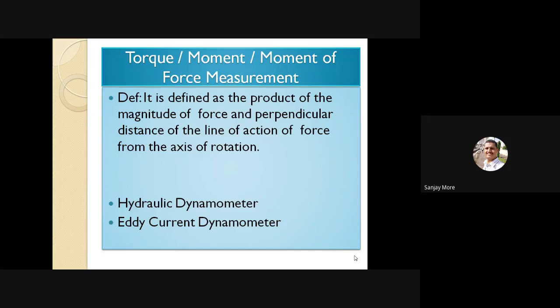Give the heading torque and write down the definition of torque once again.